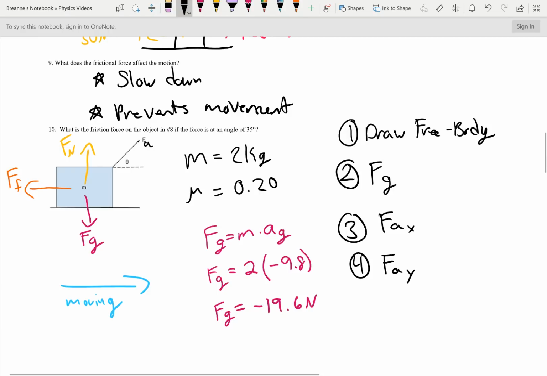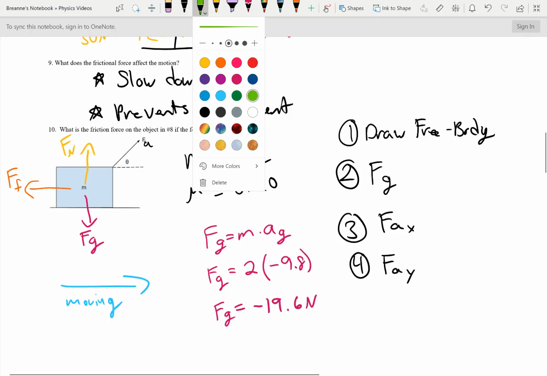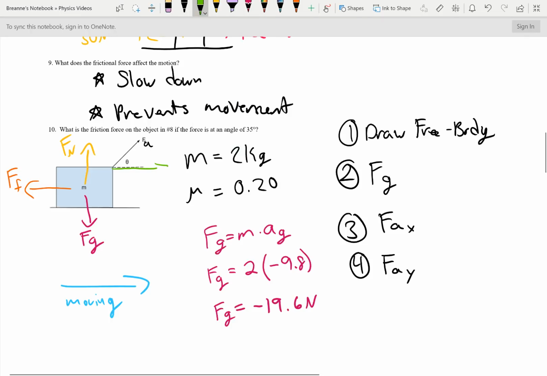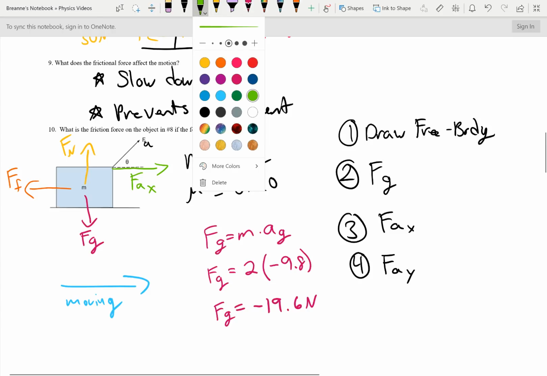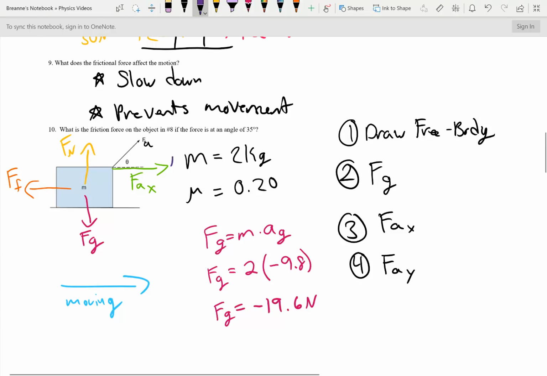So we break this up into its x and y components. So that'd be force applied in the x, because that's in the x direction. Then we have force applied in the y.